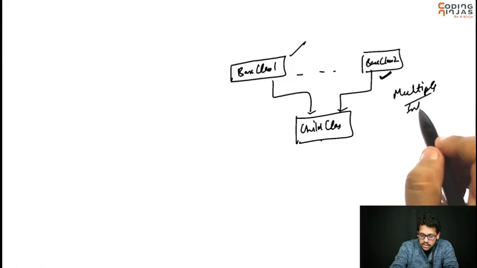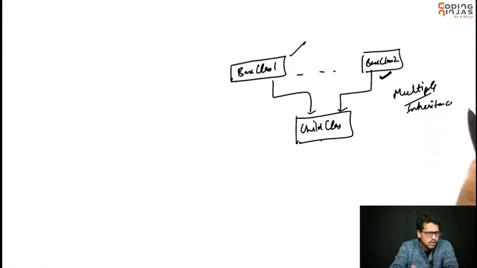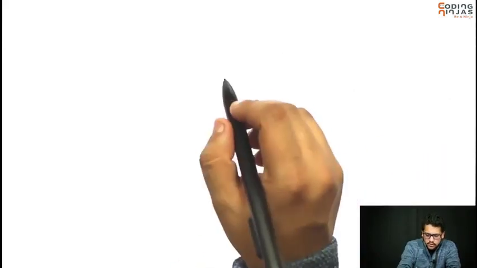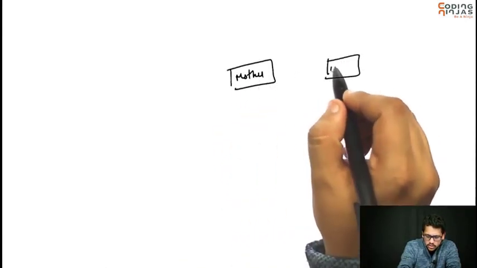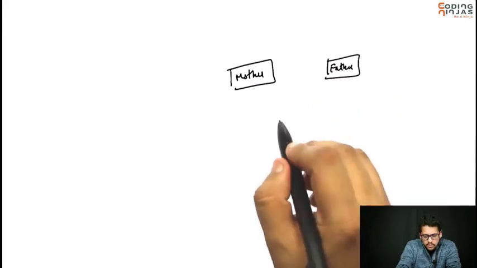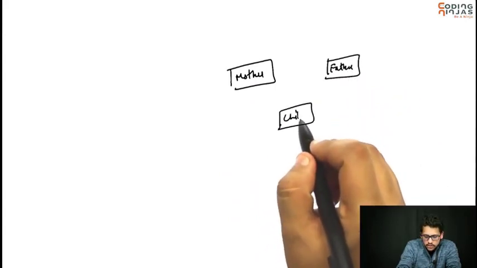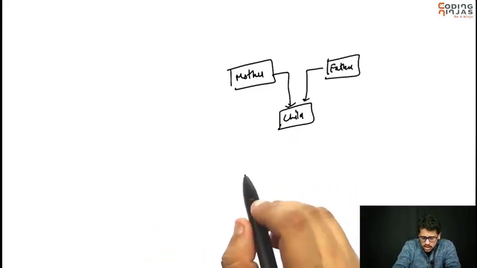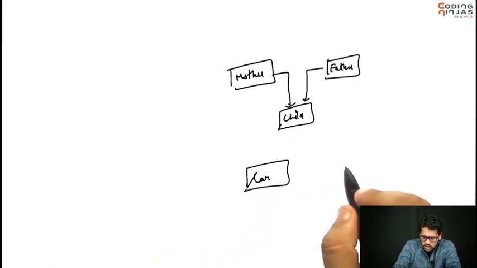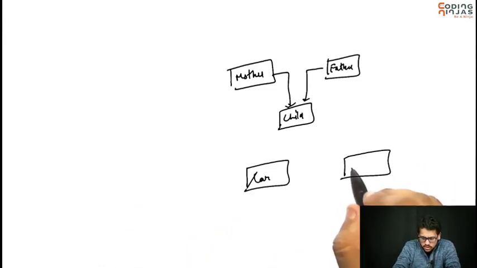There can be multiple use cases or examples. Let's say you have a mother and a father, so a child inherits properties from both mother and father. That is the concept of multiple inheritance. Similarly, we have discussed cars. There is a car, and there are private and commercial cars.